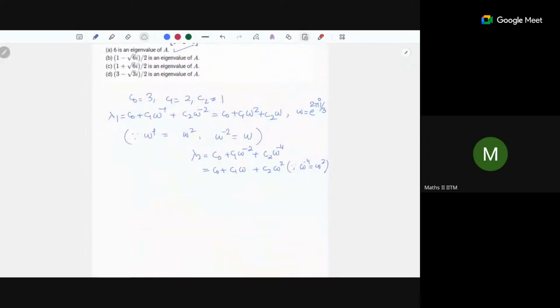So what is lambda 1 then? Lambda 1 is C naught. C naught is 3 plus 2 times omega square.